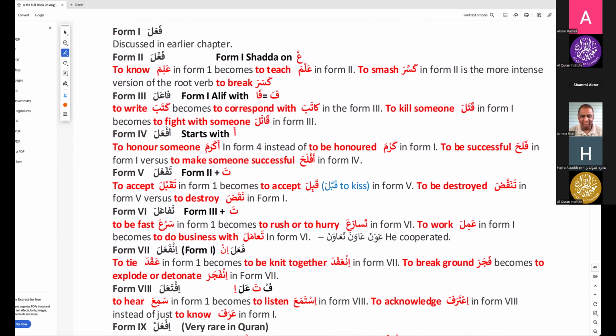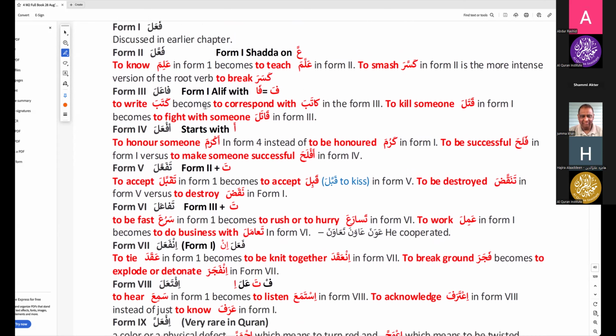Fa has got an alif after the letter fa. Okay? Now, to write is kataba, becomes to correspond with, kaataba. Can you see the kaf now has got an alif after it? It's transforming, changing from 3 letters to now 4 letters here.